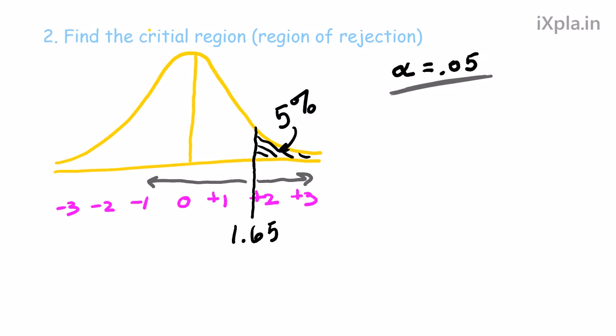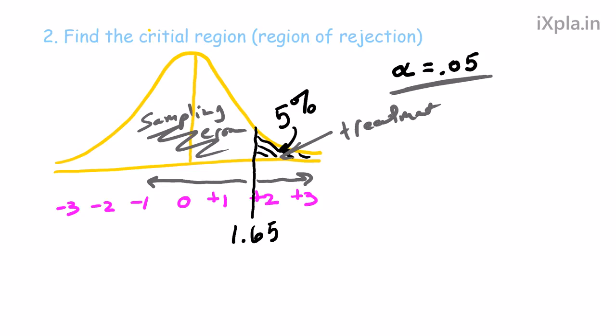If we get something on this side, we're going to say it's due to sampling error. If we get something on this side, we're going to say the probability of it being sampling error is small. It's less than 5%, so it's probably not due to sampling error. It's probably due to the treatment. Okay?